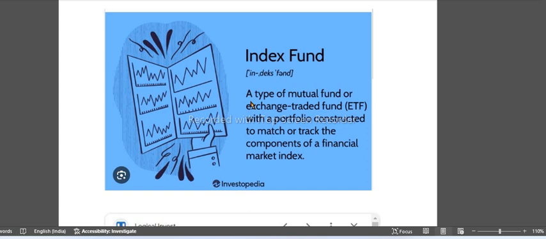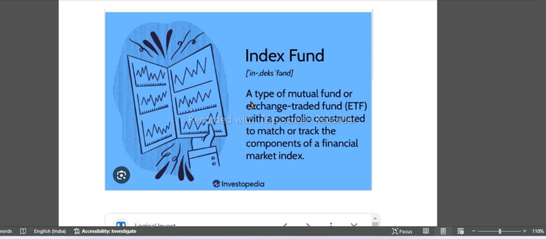For example, you take a Nifty 50 fund. Nifty 50 means India's top 50 companies. All those companies are bundled together into one ETF, that is called an index ETF.